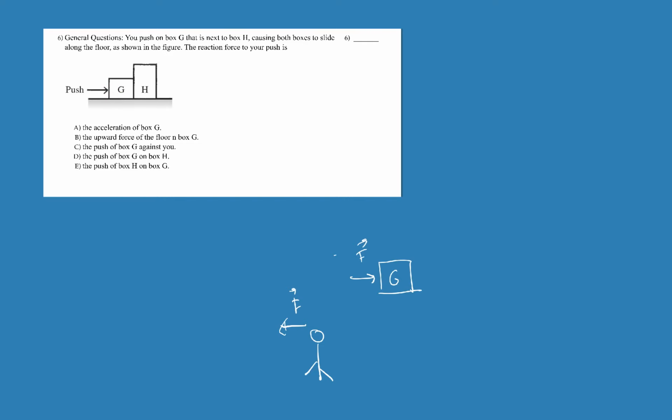The reaction force is the force that G is doing on you, the push that G is doing against you. Yes, this one. C is the correct answer.